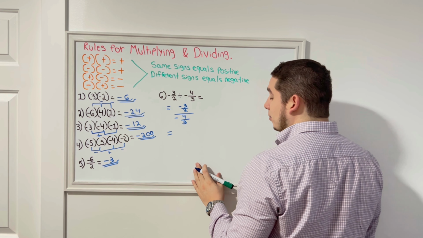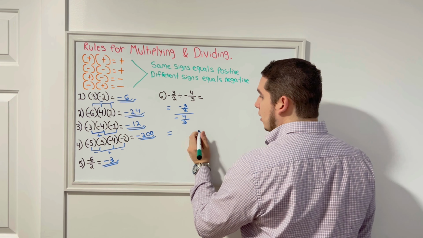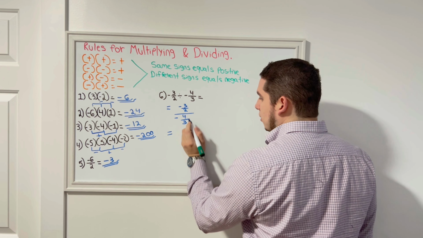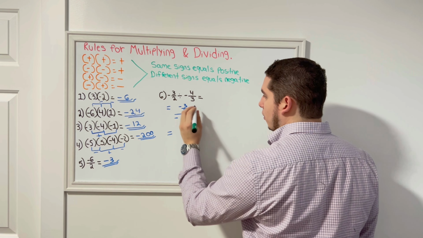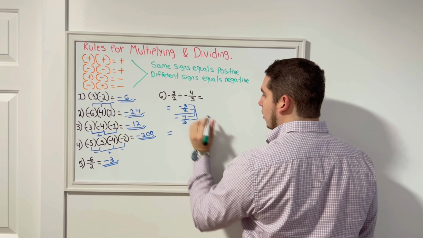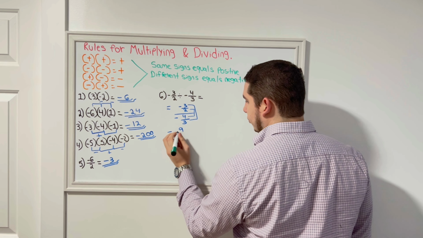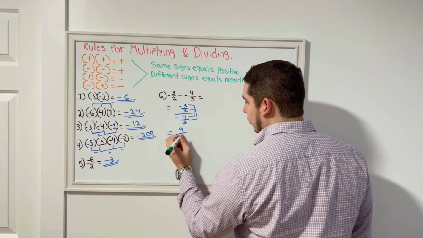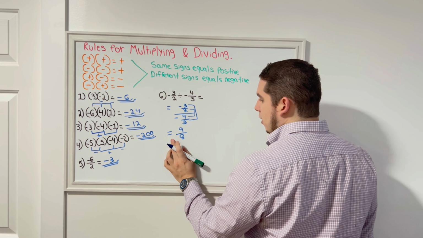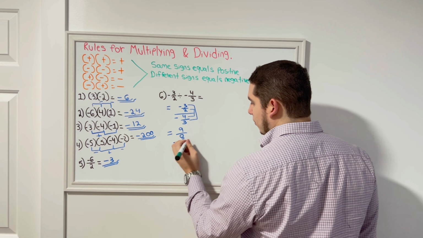Now we're going to apply the rule we learned on division of fractions, which is multiplying this side times this side, and this side multiplying this side. Therefore, this one times this one, and this one times this one. Therefore, the answer is 9 over 8, and that's the answer, positive 9 over 8, because we can no longer simplify this.